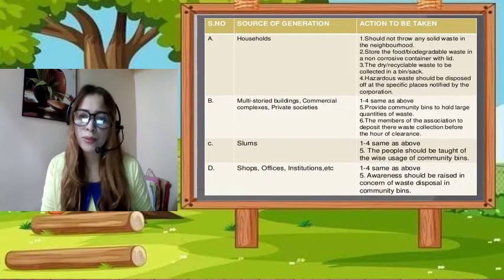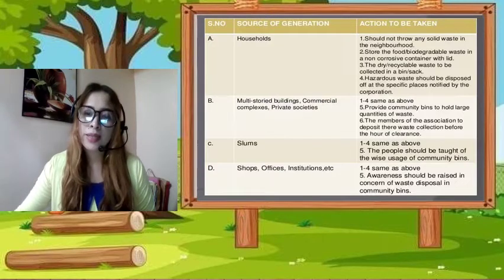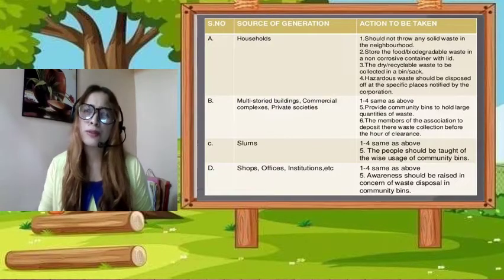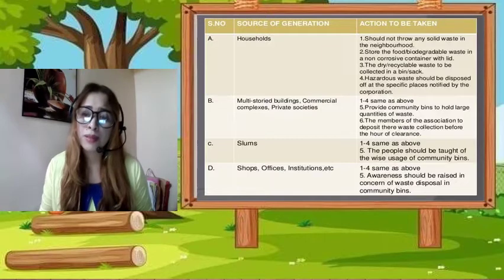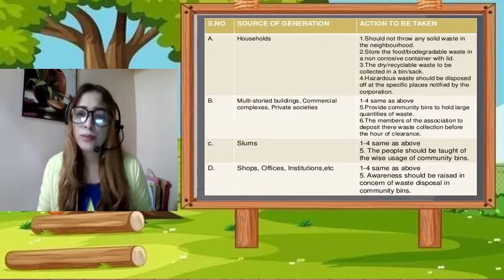Then the multi-storied buildings, commercial complexes, and private societies. How should we resolve the waste management? Items 1 to 4 are the same as above. Now we also segregate these wastes and provide community bins to hold large quantities of waste.